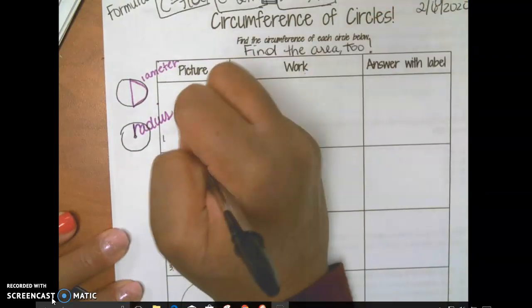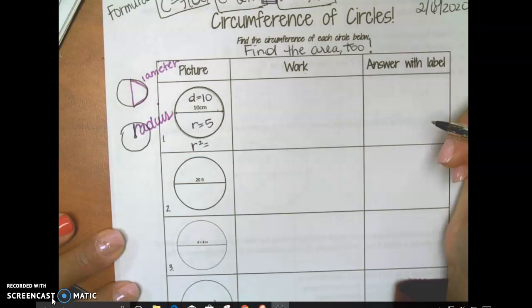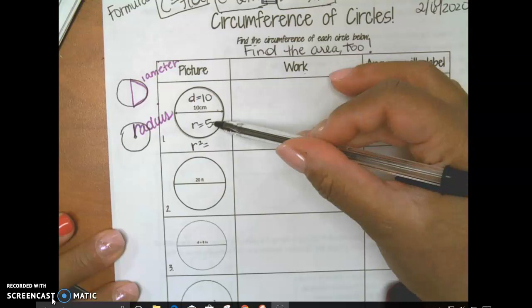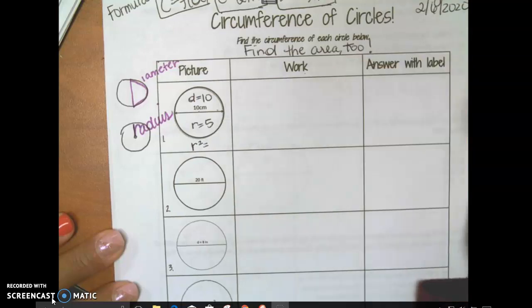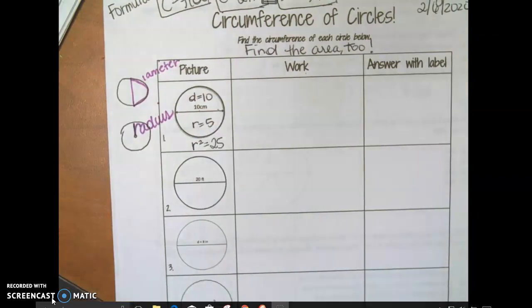What is r squared? R times r. Good. What is r? 5. So what is 5 squared? 25. Or 5 times 5. Correct. You need to have all 3 of those written down for each question. Number 2.